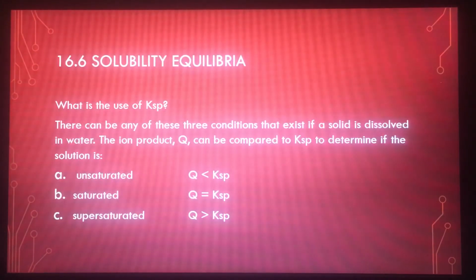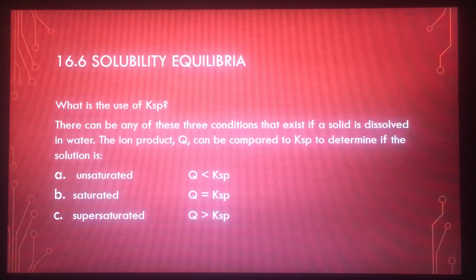If Q is equal to KSP, then we have a saturated solution. For a saturated solution, even if we add solids, they will not be dissolved anymore, since the saturated solution contains the maximum amount of the solid that can be dissolved in that solution. And in the supersaturated solution, Q is greater than KSP.